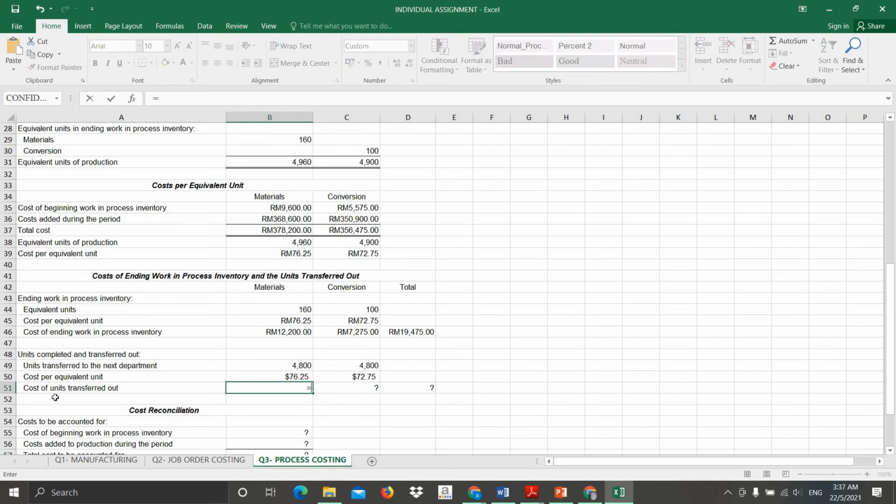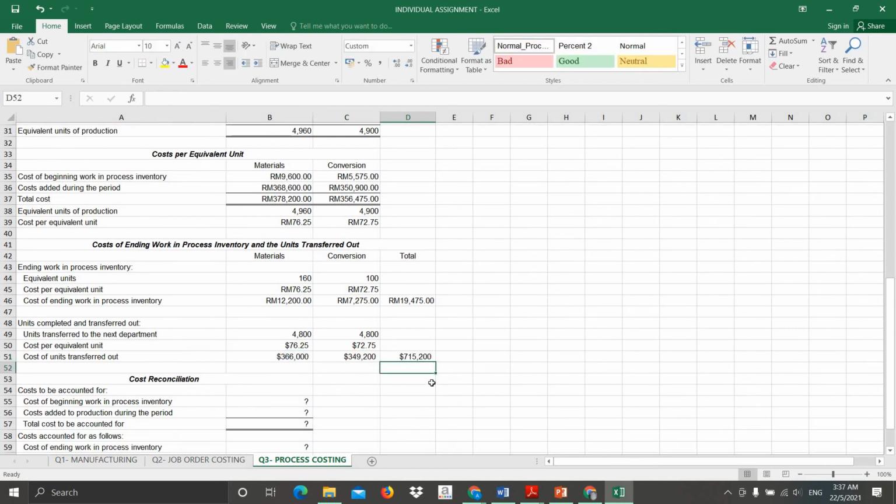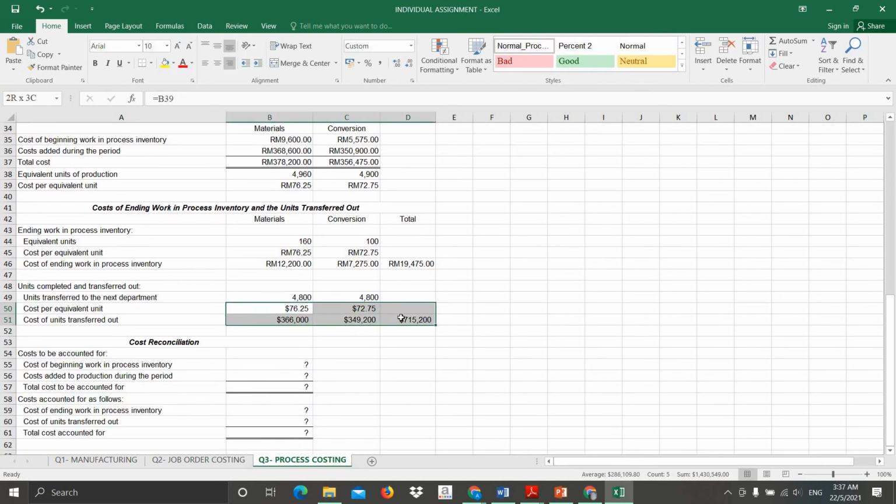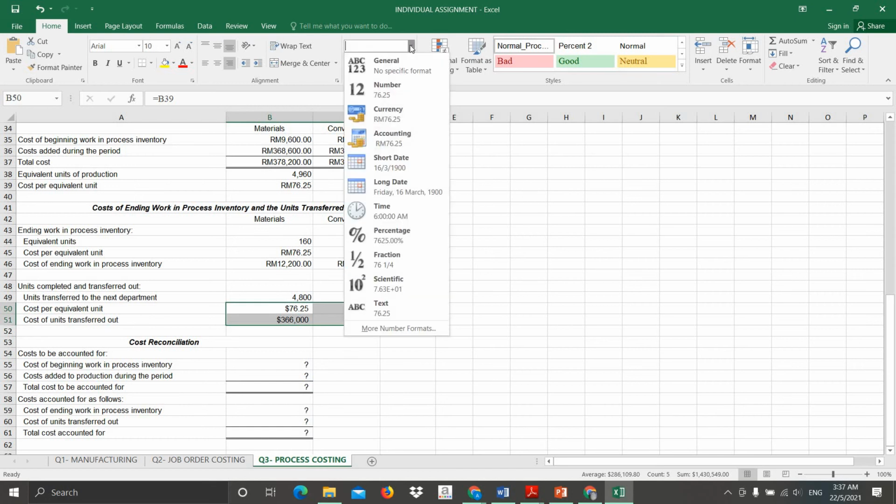And for the cost of unit transferred, we need to times the unit transferred with the cost per equivalent unit. And for the total, we need to add the materials and conversion together. And we need to change the currency.